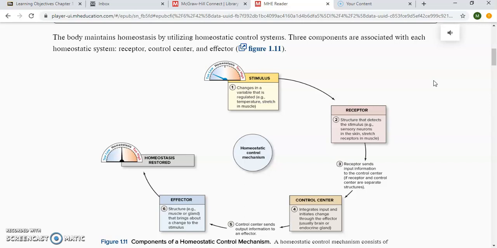No matter what parameter we're talking about, whether it's body temperature, blood pressure, heart rate, or even the amount of sugar in our bloodstream, each will have a receptor, a control center, and an effector that control those parameters and keep them at the set point or in the normal range. When I say set point, take body temperature: 98.6 is generally the agreed upon set point.